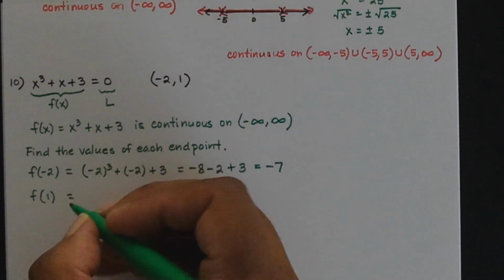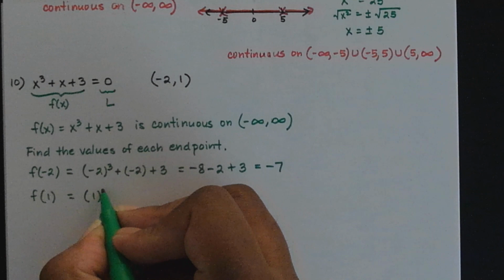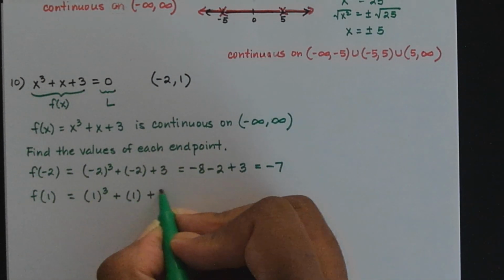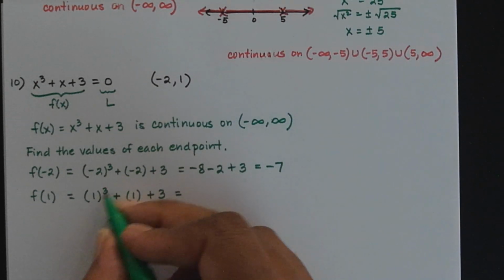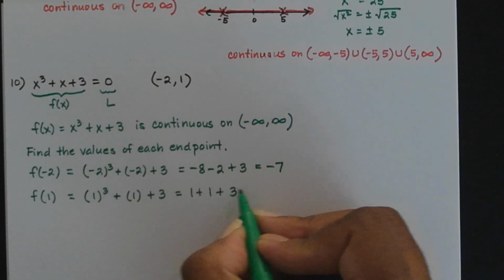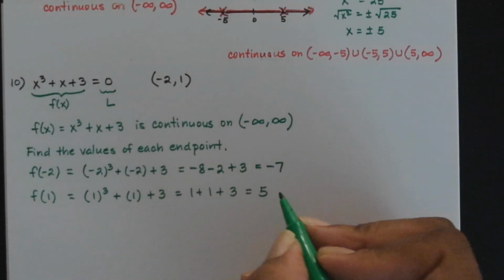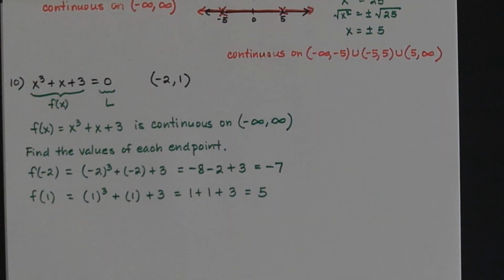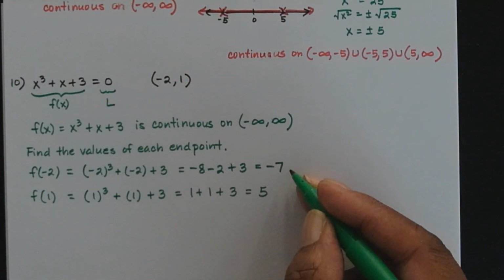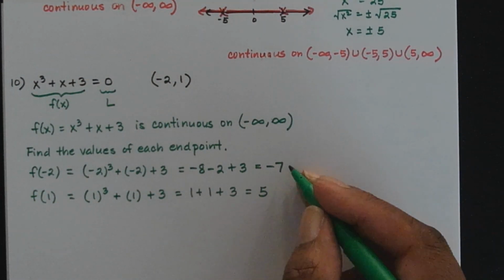And now for f of 1, we simply replace the x with 1 in that function and simplify. 1 cubed is 1, plus 1, plus 3, ends up being 5. So here I got a negative 7 and a positive 5. I have different signs here.